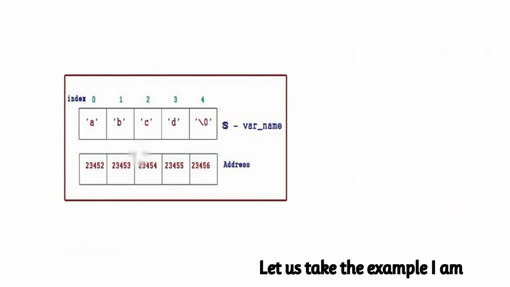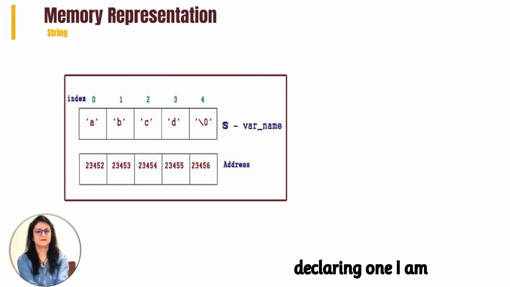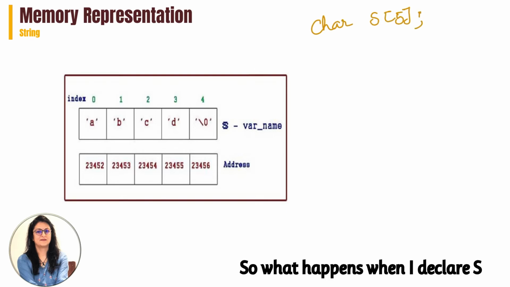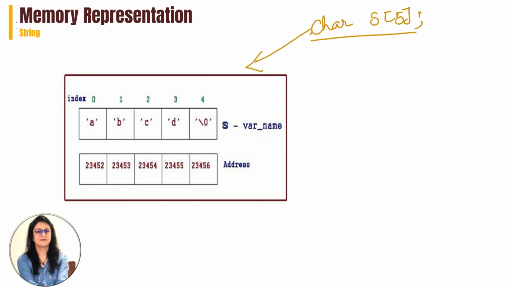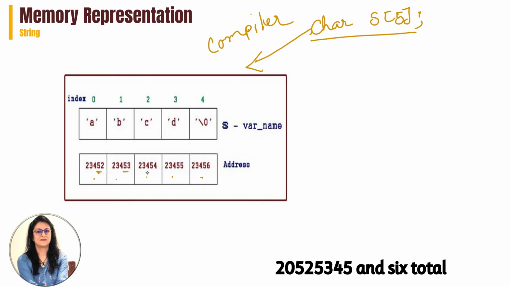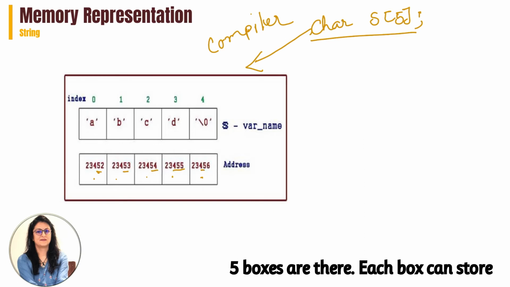Let us take an example. I am declaring one string, s of 5. So what happens when I declare s of 5? What will the compiler do? You can see here it has stored 5 addresses in memory, from 2052, 53, 54, 55 and 56. Total 5 boxes are there.